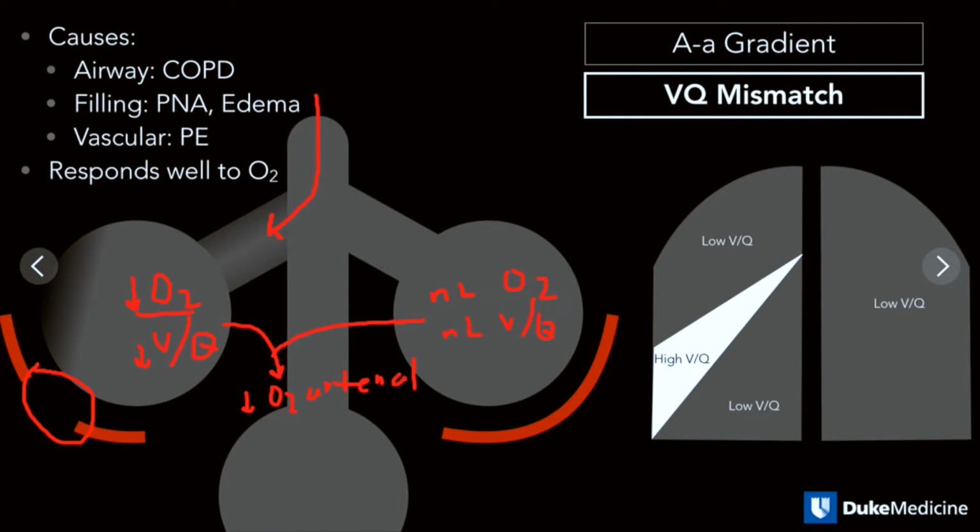So you have areas of high VQ compared to normal VQ. That mismatch is still what leads to hypoxia in PEs. But remember, even though there is a limitation in oxygenation, there is still O2 reaching the alveolus. So this does respond to oxygen. This is not a complete limitation in O2 reaching the lungs.